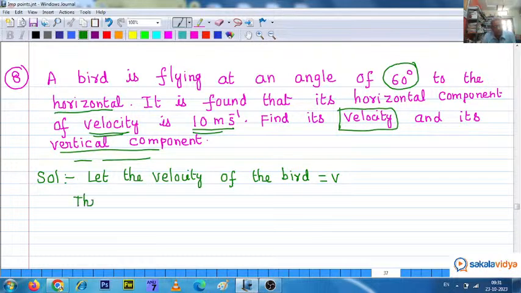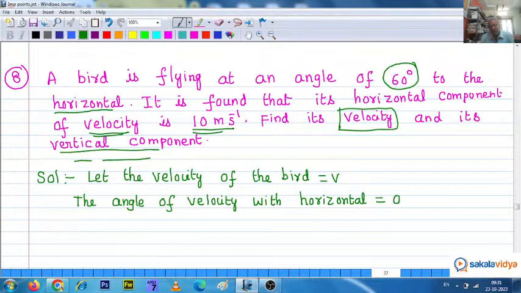The angle of velocity with horizontal, theta, is equal to 60 degrees. And next, what is given? It is found that its horizontal component of velocity is 10 meter per second. That means the horizontal component of velocity is given. Clear? So that means horizontal component.